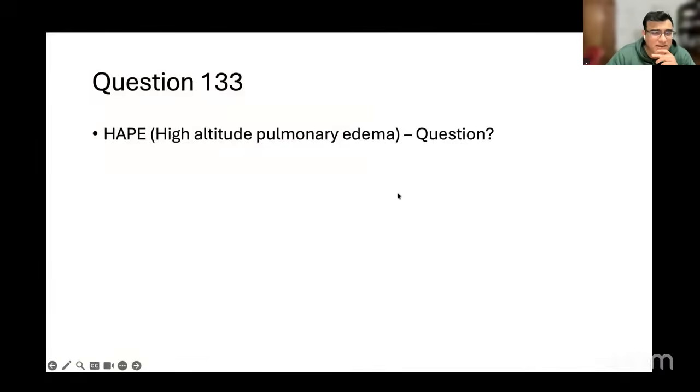A high altitude pulmonary edema question was there. I don't know what was asked exactly, but a few things to keep in mind. High altitude pulmonary edema happens at very high altitudes, more than 2,500 meters or 12,000 feet. The risk is there after 8,000 feet, but it is usually seen after 12,000 feet.